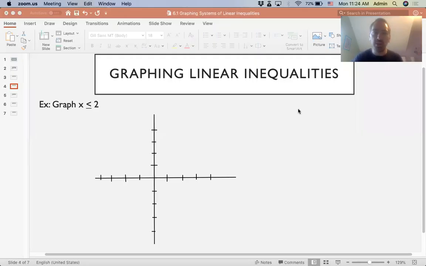Since there is no y term, there's not going to be a y-intercept, so it's not going to cross the y-axis at all. If you recall from our algebra chapter, the graph of the equation x equals 2 is a vertical line, right? It has an undefined slope. It has a vertical line. And so we know that this line will be straight up and down.